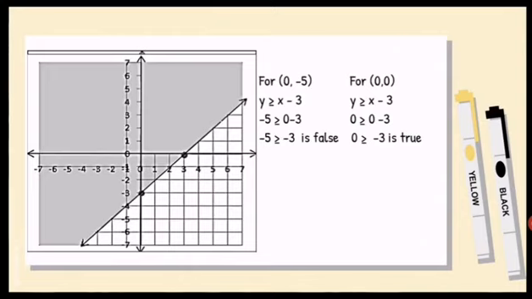So we have 0 is greater than or equal to 0 minus 3, or -3. This statement is true. So this means that the shaded region, or the region where the origin, point (0, 0), is located, are the solutions to the inequality, including all the points on the solid line.